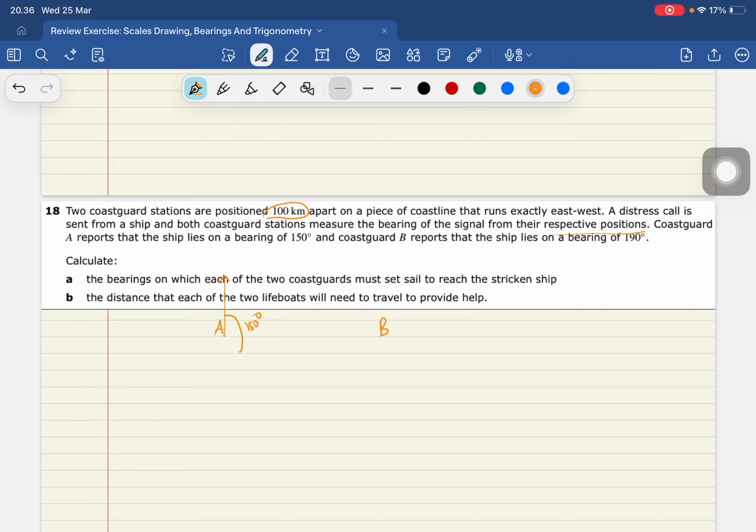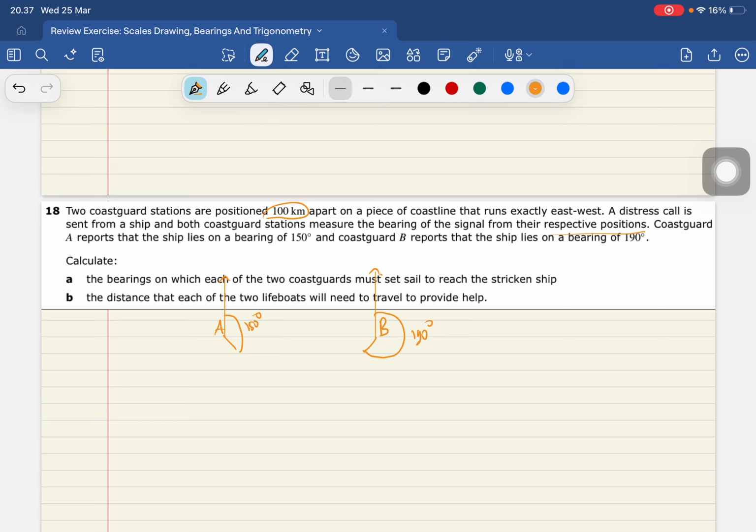Then B reports that the ship lies on the bearing of 190. Make it to the north. Most probably it looks like this, 190 degrees. Okay, A: the bearing on which each of the two coast guards must set sail to reach the stricken ship.